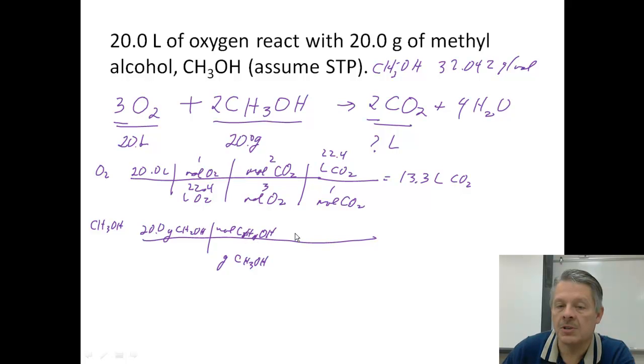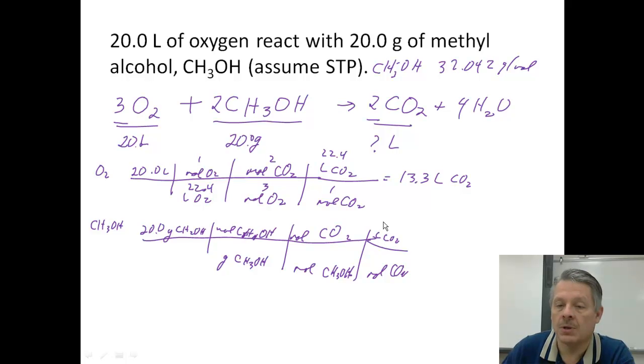That was pretty messy, wasn't it? And we're going to go from moles of CH3OH to moles of carbon dioxide, and again we want to switch from moles of carbon dioxide to liters of carbon dioxide.